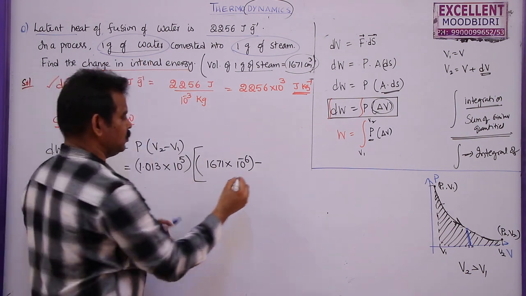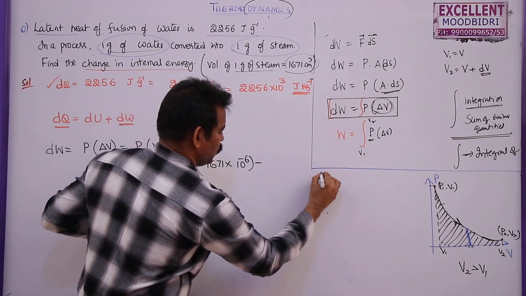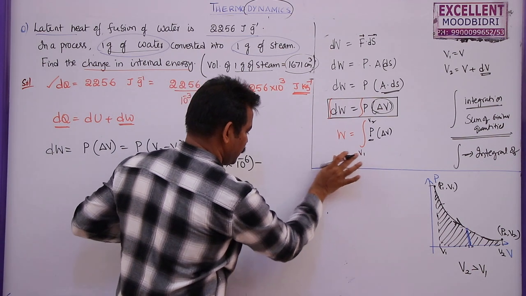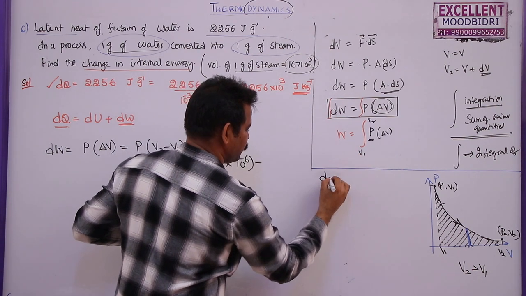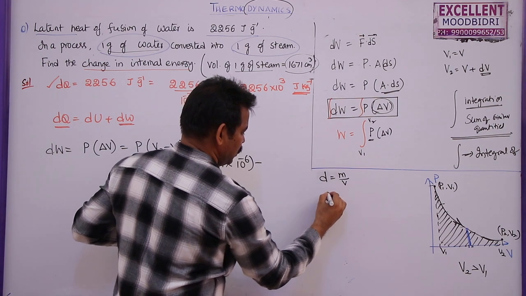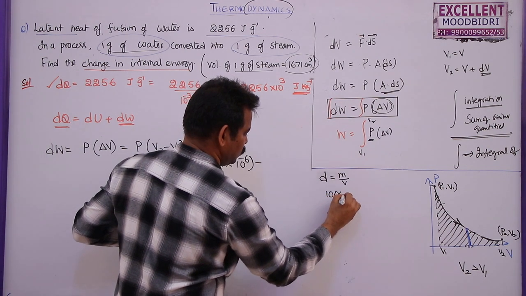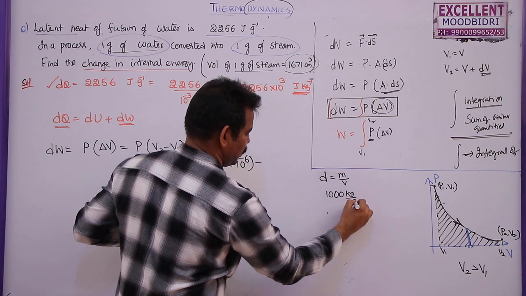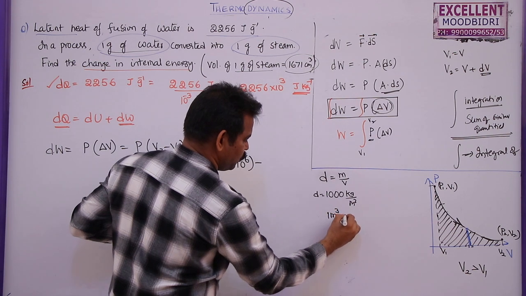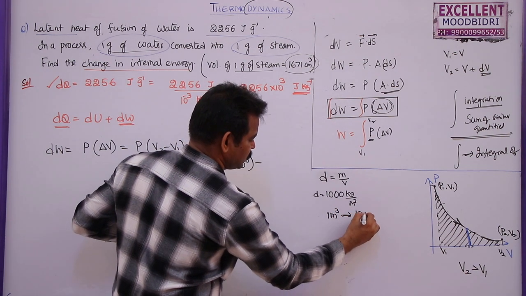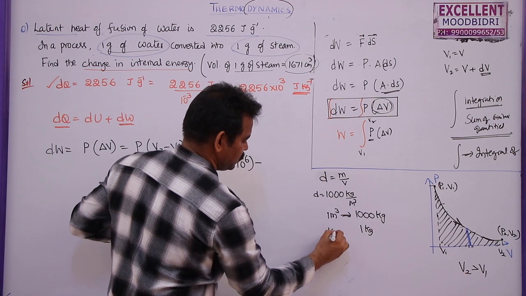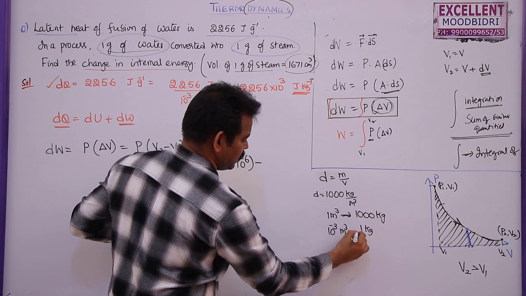1 gram of water: we know that the density of water is equal to mass by volume. Here we can write the density of water is 1000 kg per meter cube. The meaning of this is 1 meter cube of water occupies 1000 kgs. So 1 kg occupies 10 power minus 3 meter cube.